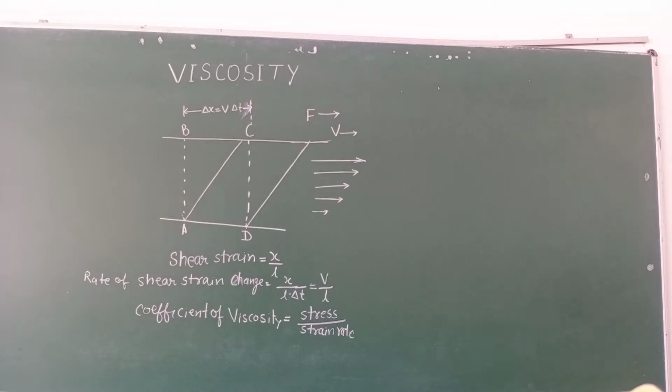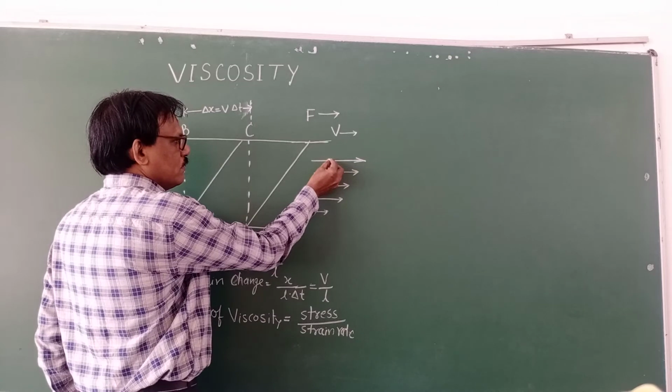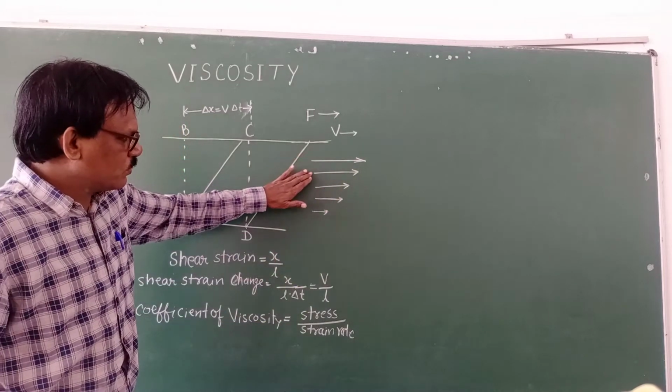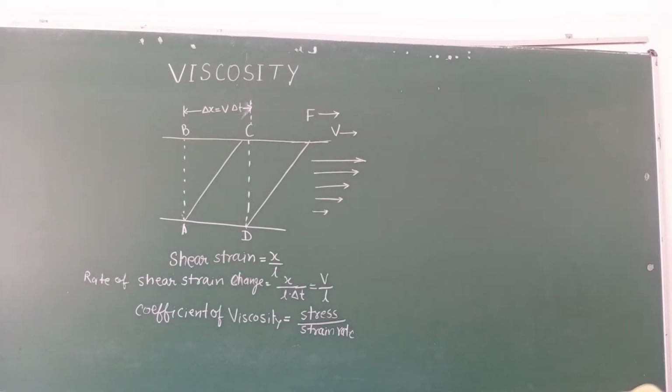When liquid or fluid flows through a tube, the different layers of liquid exert force on each other. For example, if we have 1, 2, 3, 4, 5 layers, the first arrow represents that the speed of the liquid is more.